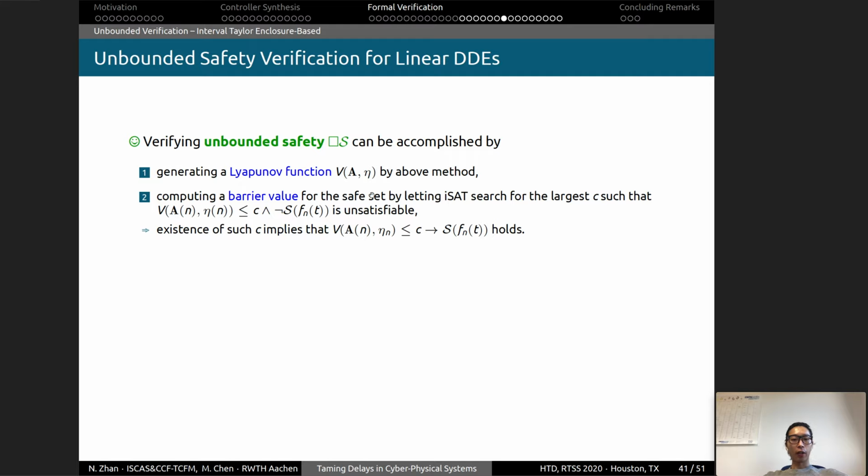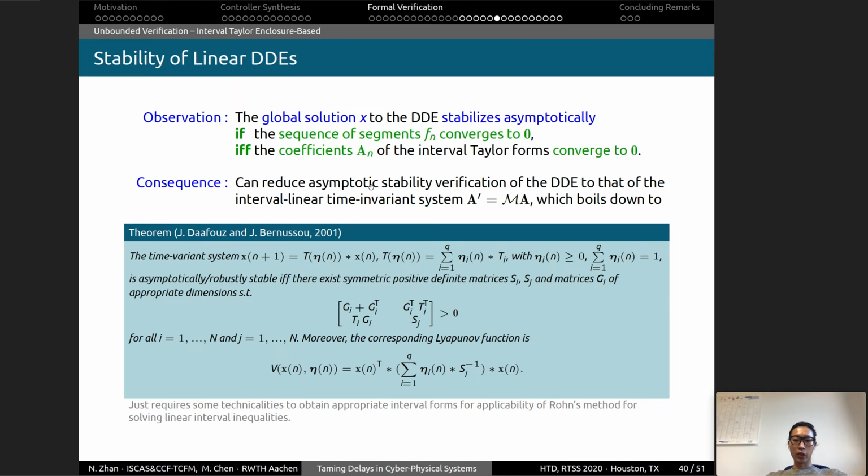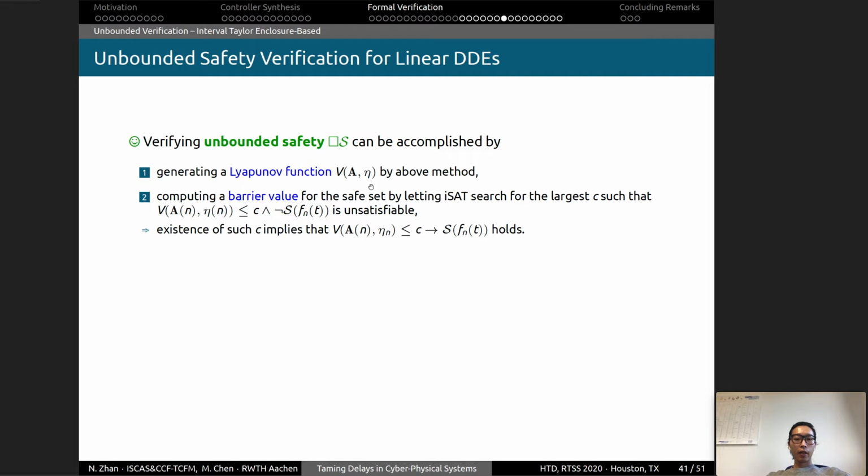So in order to verify unbounded safety, let's say always staying in the set S, which is the set of safe states. This can be accomplished by several steps. So first, we generate a Lyapunov function for the linear operator by this result. And then we try to compute a barrier value C, such that this formula is unsatisfiable.